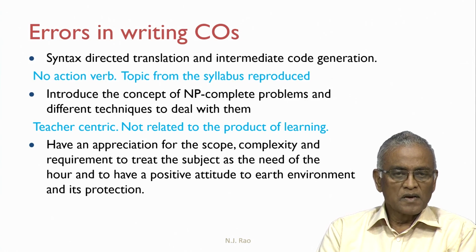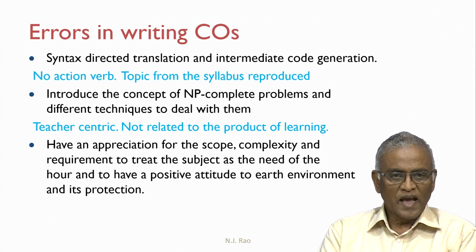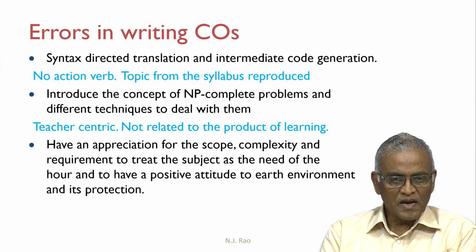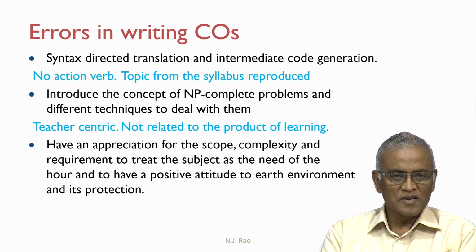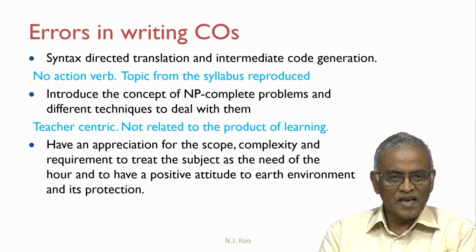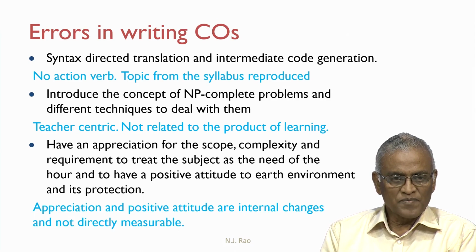This is still vague. Have an appreciation for the scope, complexity and requirement to treat the subject as the need of the hour and to have positive attitude to earth environment and its protection. Except the last phrase, earth environment and protection, the statement does not even say what exactly the student is supposed to be doing.